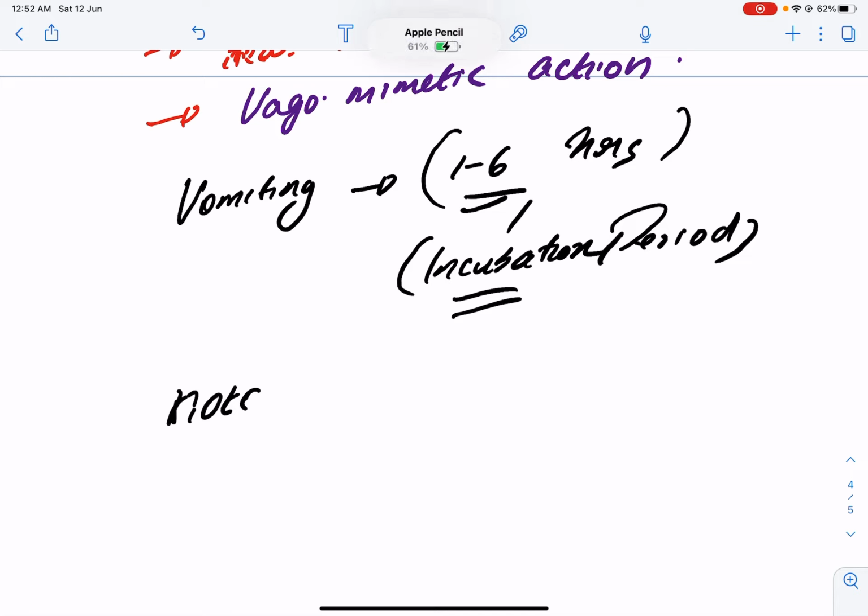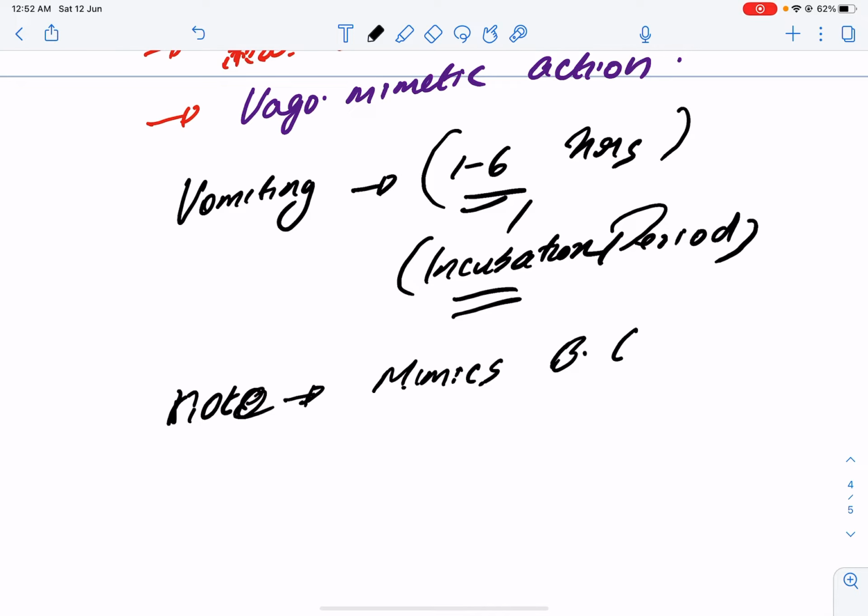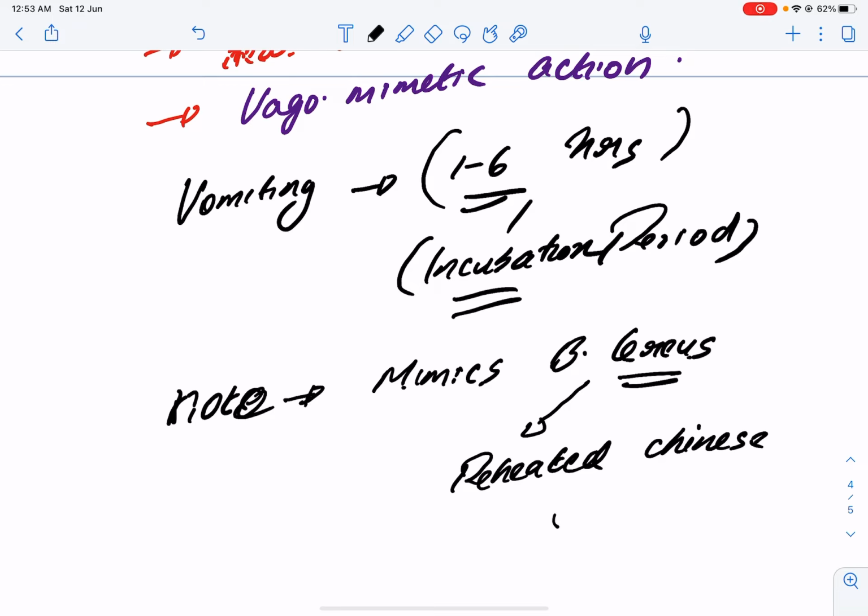It also causes vomiting and food poisoning symptoms, but this mainly comes from reheated Chinese fried rice; many exams ask this question.